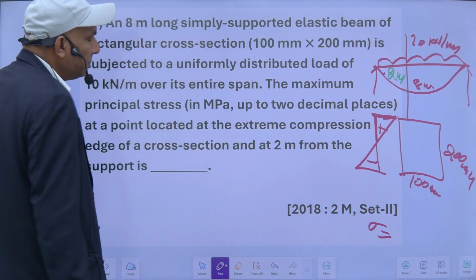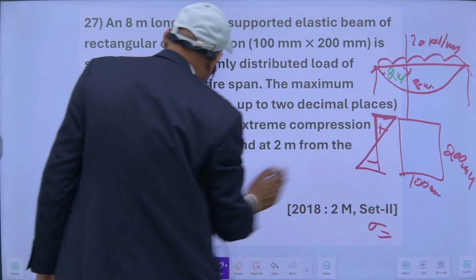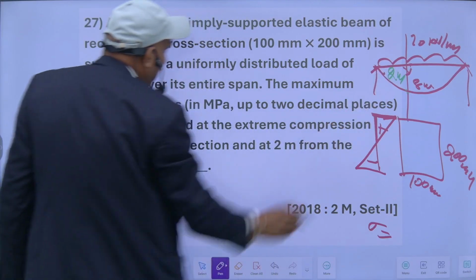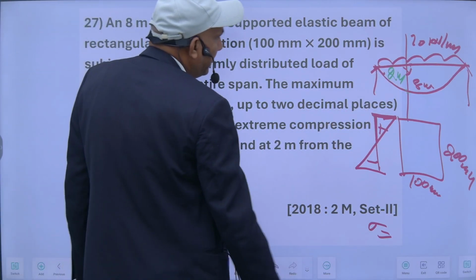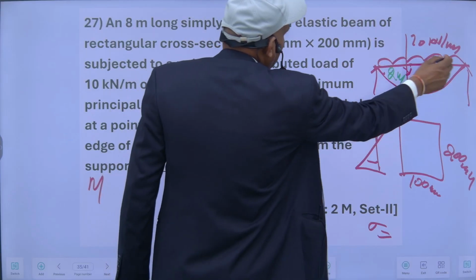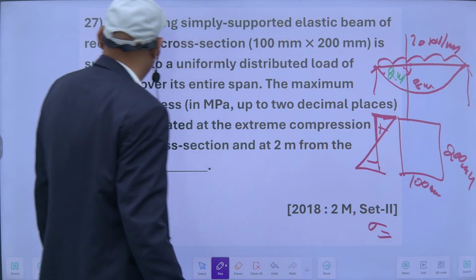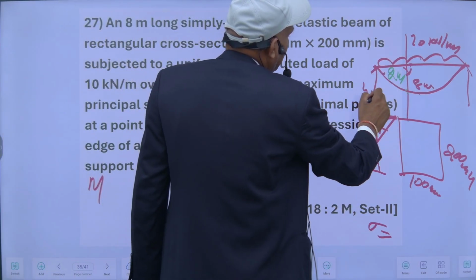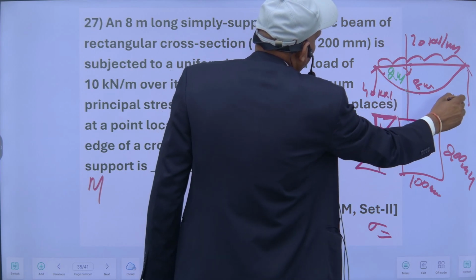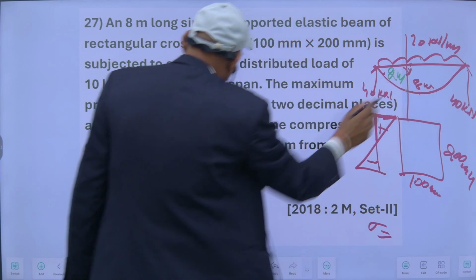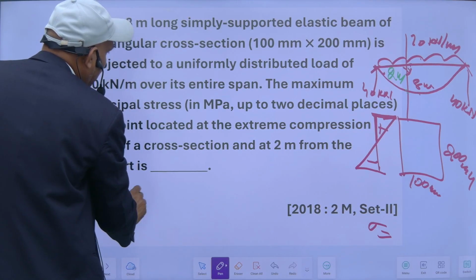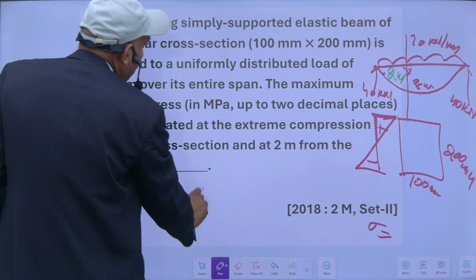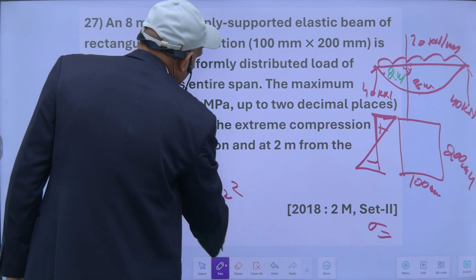So the bending moment at this point, 2 meter from the supports: the total load is 10 into 8, which is 80, so 40 kilonewton is the reaction. The bending moment at this point will be 40 into 2 minus 10 into 2 square by 2.